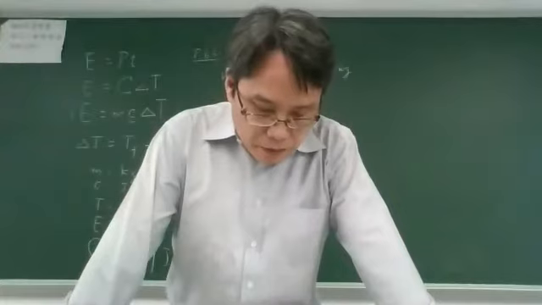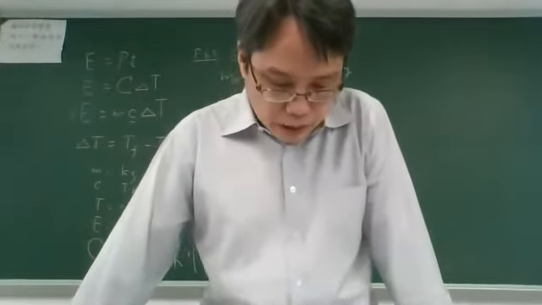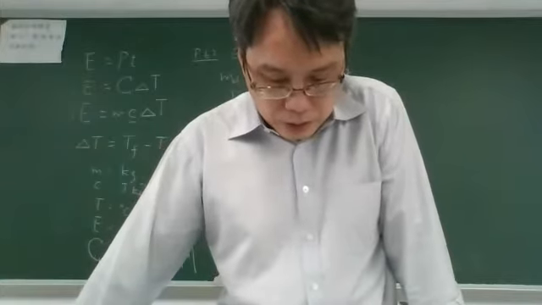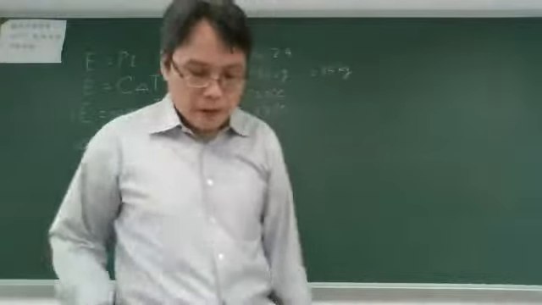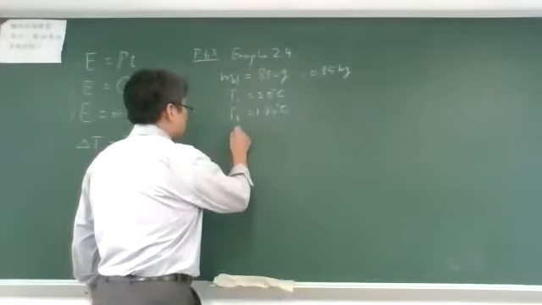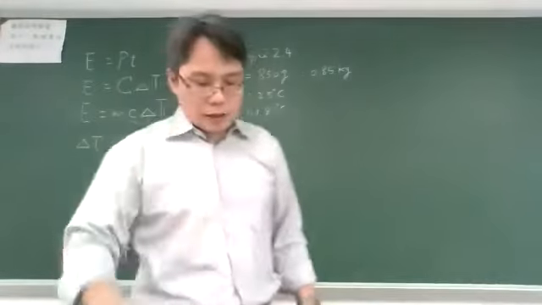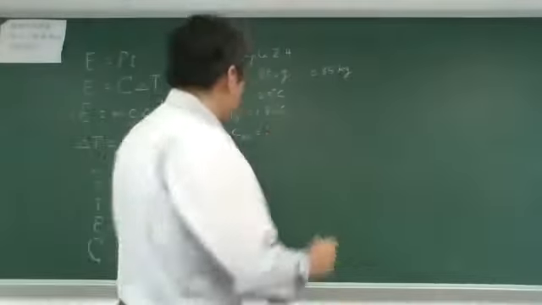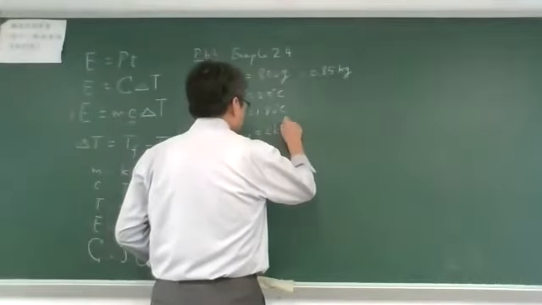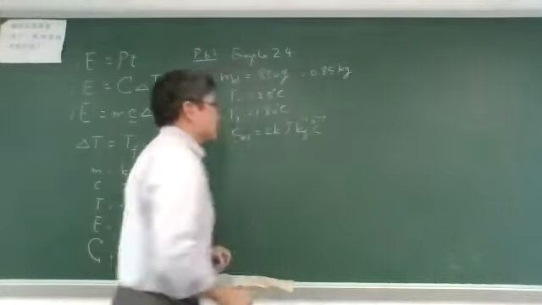If the specific heat capacity of the oil is 2 kJ per kilogram per degree Celsius, find the energy transferred to the oil. The specific heat capacity of oil is equal to, once again, the unit is not standard, so change it into the standard unit, which is 2 kJ per kilogram per degree Celsius.